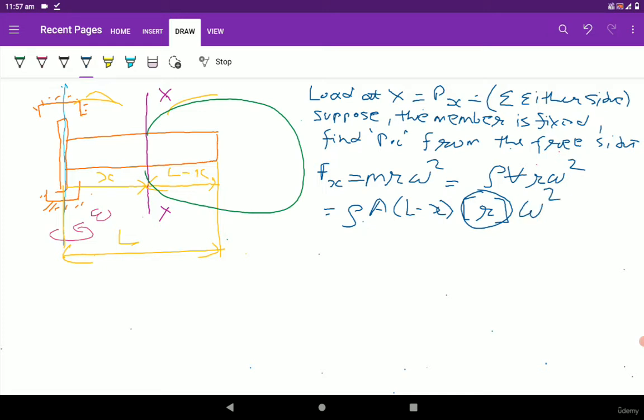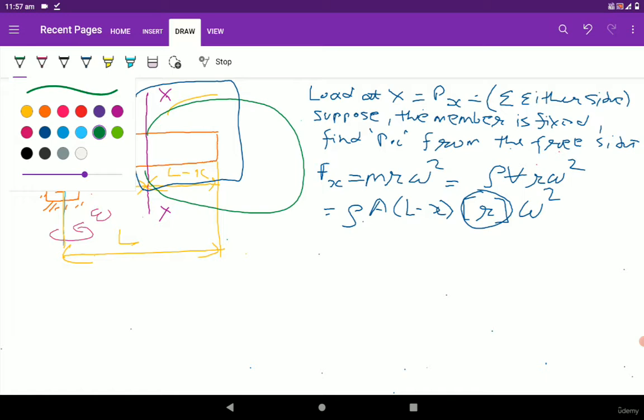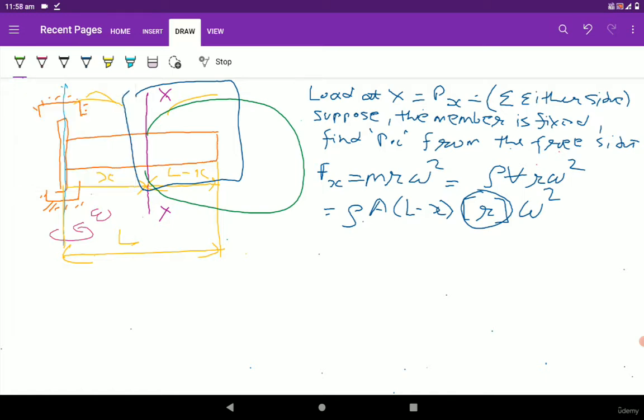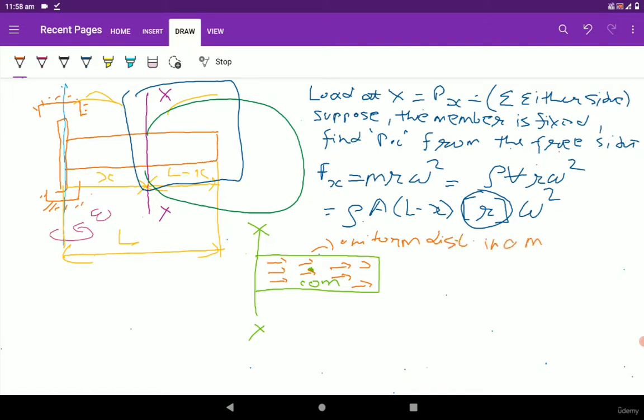Now suppose we consider only this section. This is the axis, and the center of mass must be located somewhere here, with a uniform mass distribution.